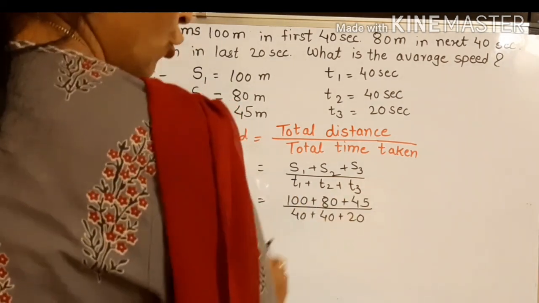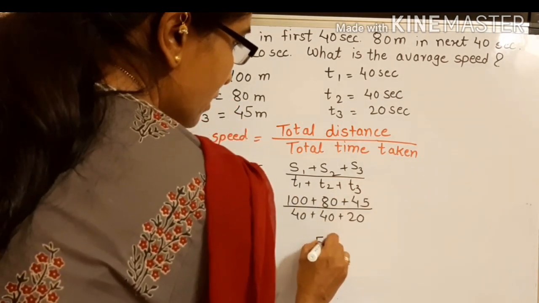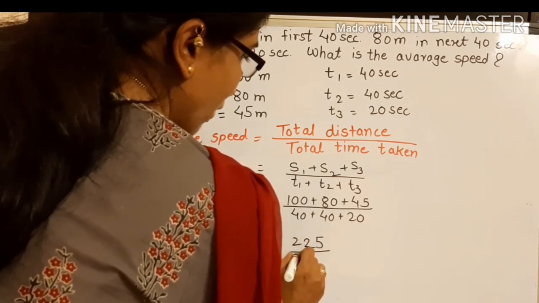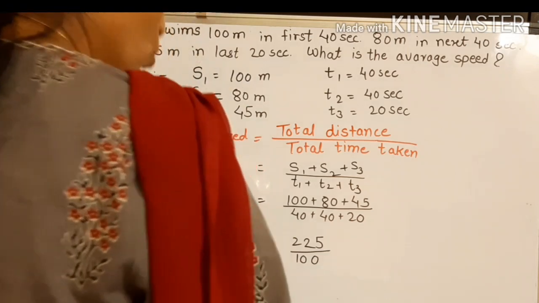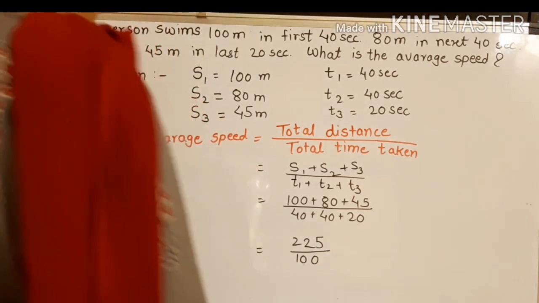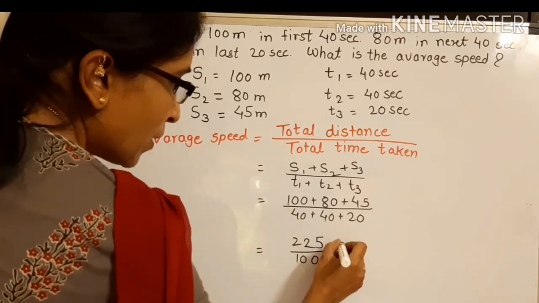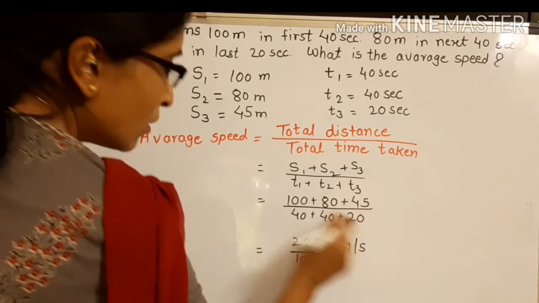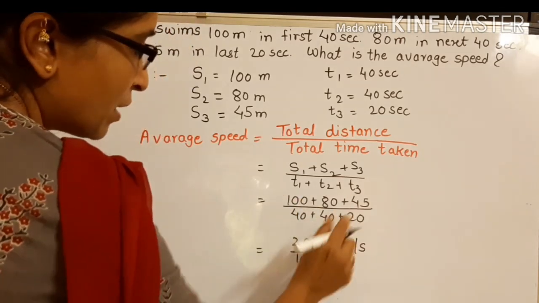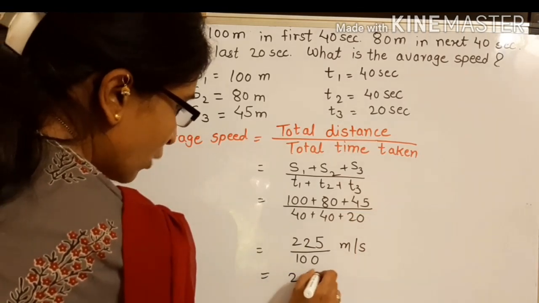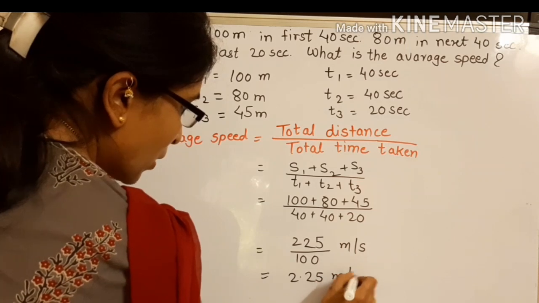Now here in the numerator the answer is 225 divided by 100. All are in meters and time in seconds, so I write meter per second.